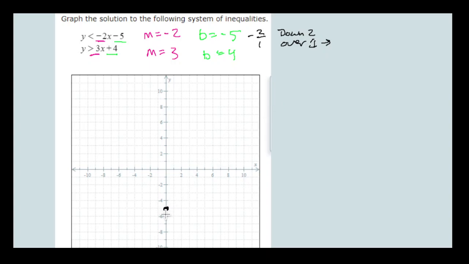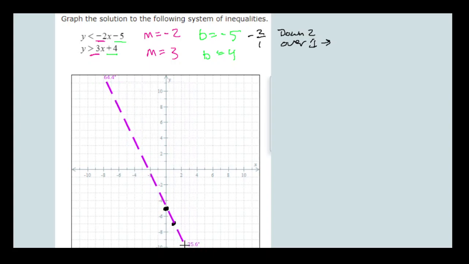So we're going to go down 2, 1, 2, then over to the right, and now we are going to put a line, and we'll try and approximate that as close as we can. These can get a little squirrely sometimes, so we'll get it close.